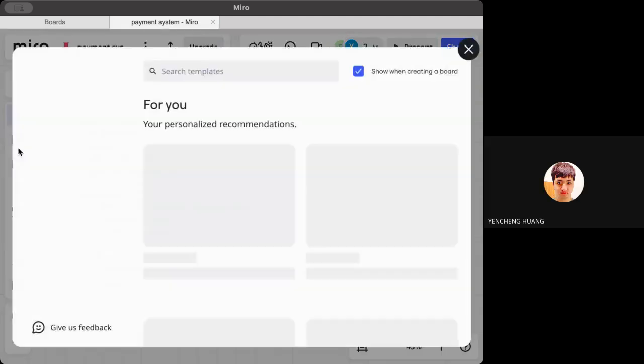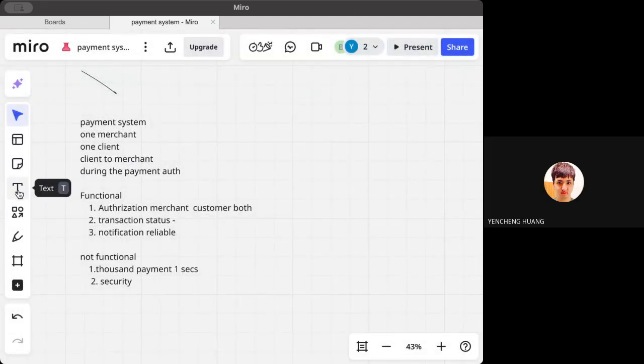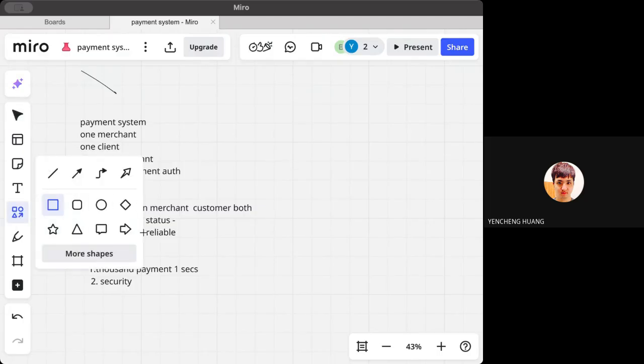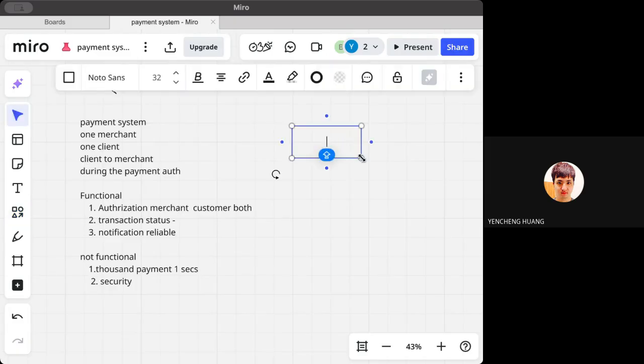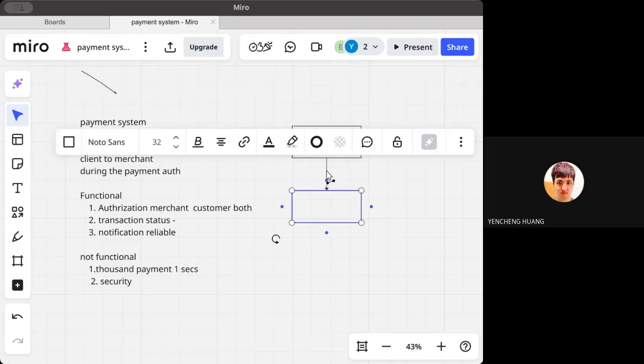So the flow is like this: when I get a payment check from the users or customers, I send it to the payment service.